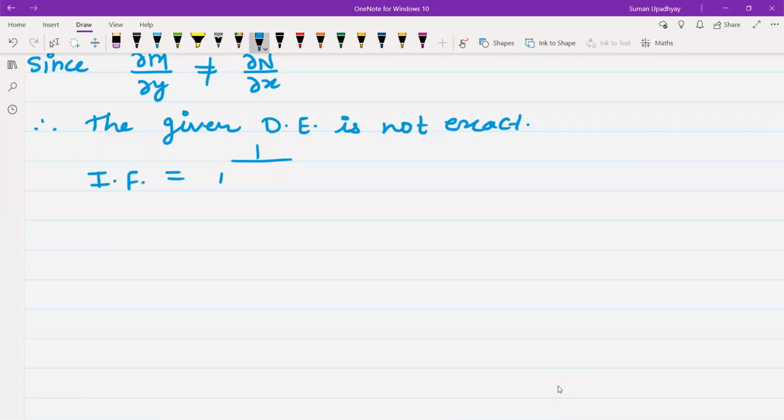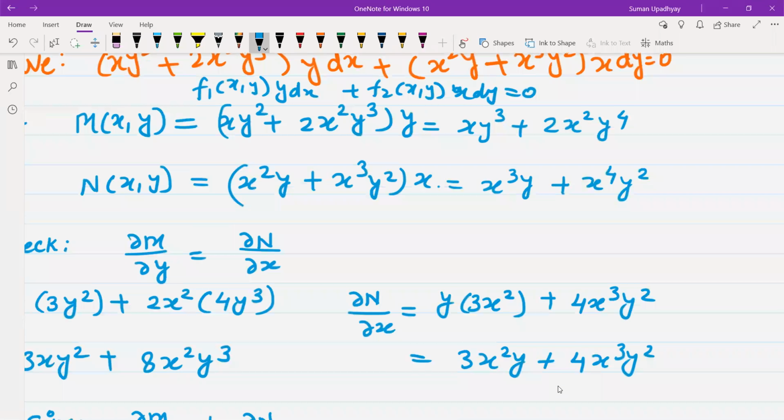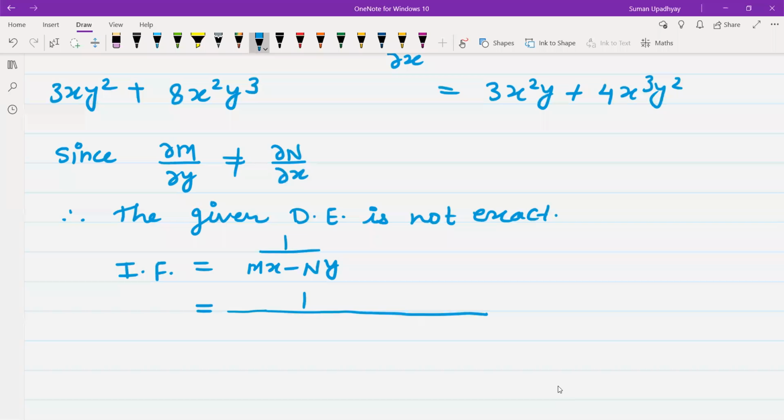So the formula will become 1 upon (Mx − Ny). So you multiply M with x and multiply N with y and you subtract them. So tell me what will be your M and N. This is your M. This you have to multiply with x.